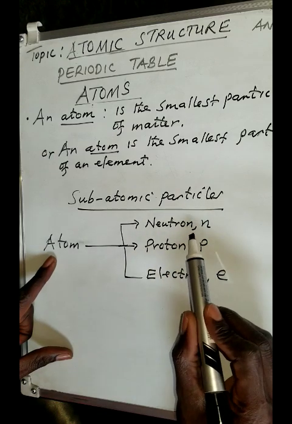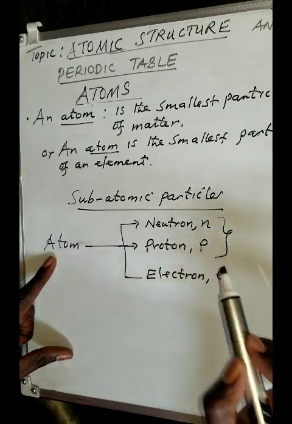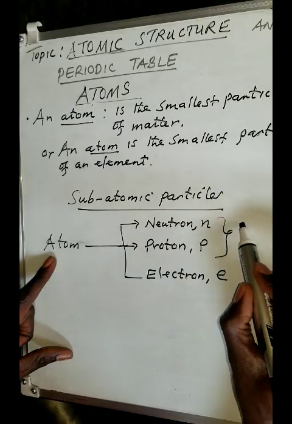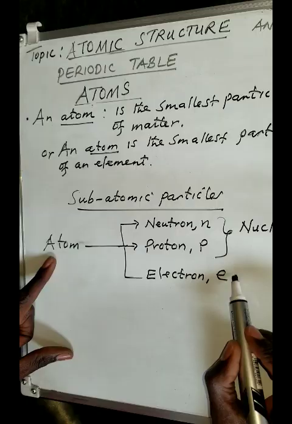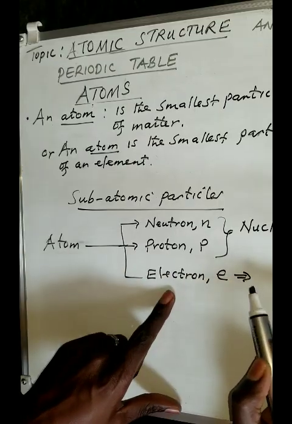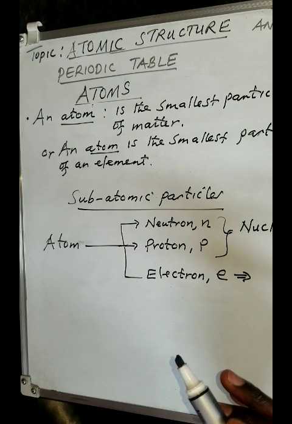Now, both neutrons and protons are found in what we call the nucleus, while the electrons are located in what we call a cloud space.